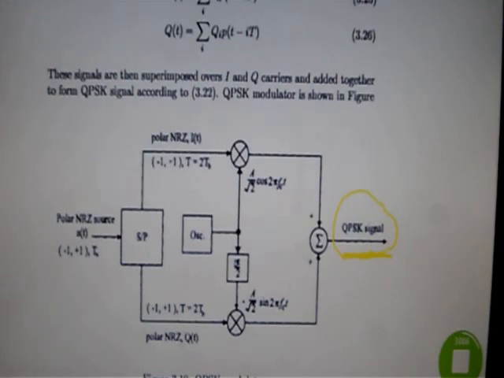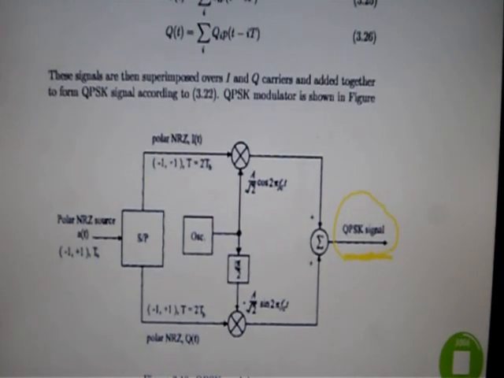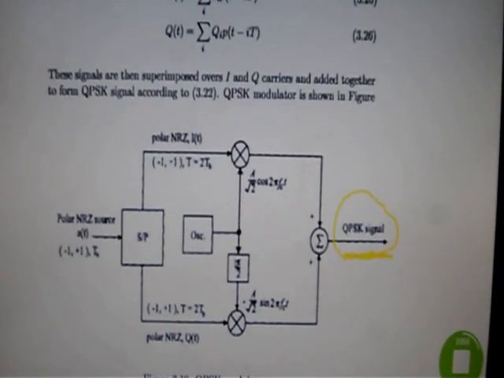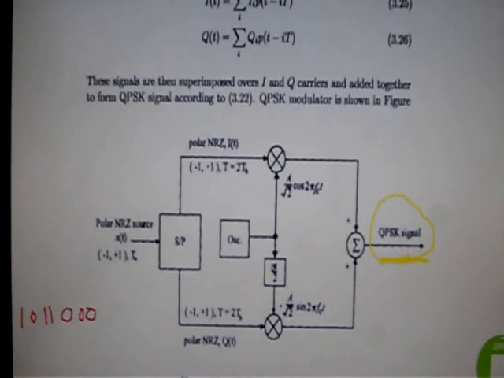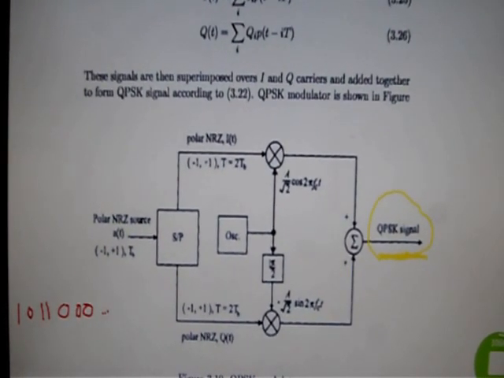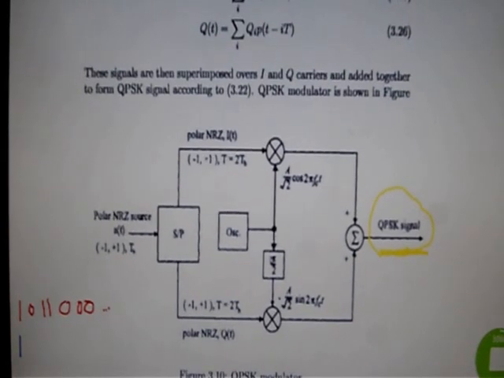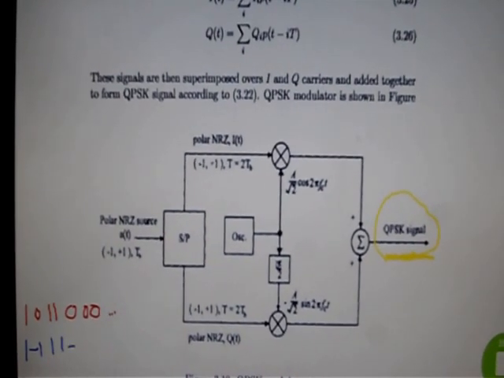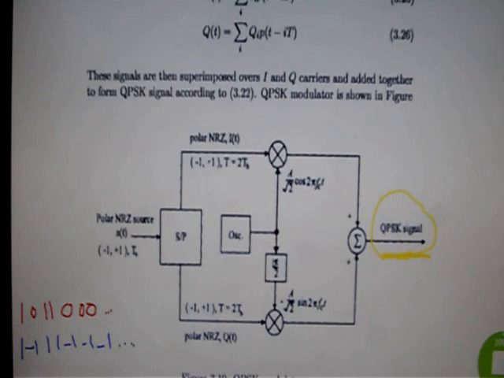Now what happens, you have the polar data, minus one and plus one. So if our data is 1 0 1 1 0 0 0 and so on, then our polar data would be 1, minus 1, 1, 1, minus 1, minus 1, minus 1 and so on.